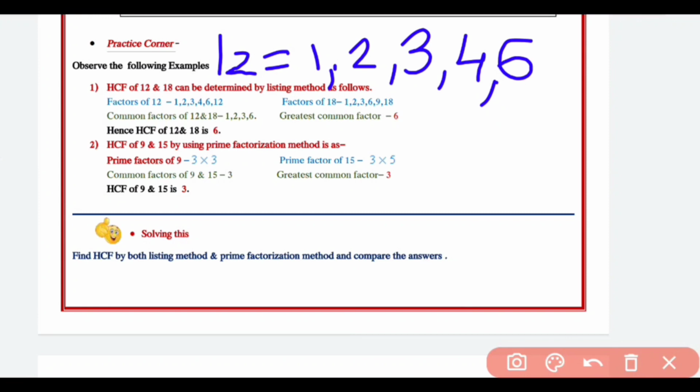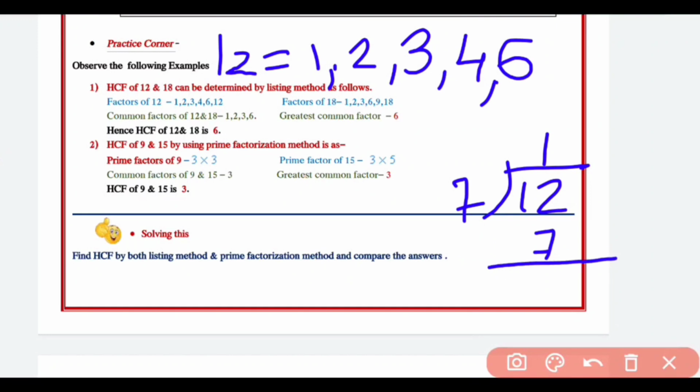Can you divide 12 by 7? Yes, we can divide 12 by 7, but the remainder is not 0. If you divide 12 by 7, you will not get the remainder 0, because 7 ones are 7 and 12 minus 7, answer is 5, and 5 cannot be divisible by 7 again.